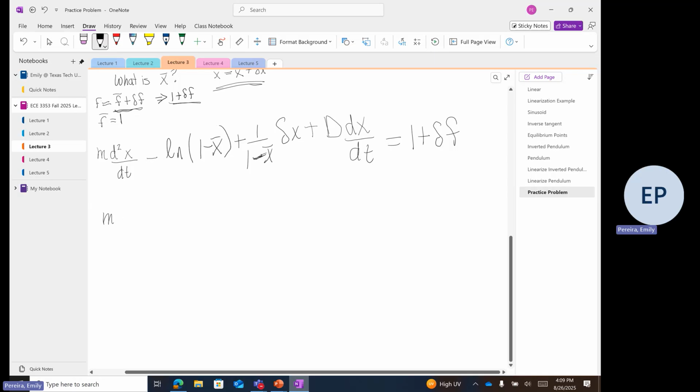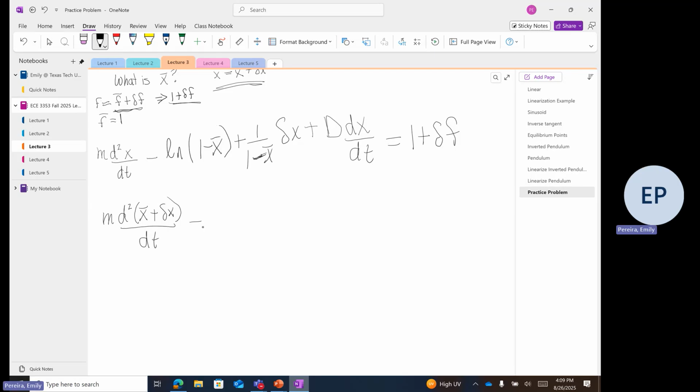So now we have the second derivative of x bar plus delta x with respect to time minus our linearized version of the nonlinear spring, plus d times the derivative of x bar plus delta x. And this is 1 plus delta f.